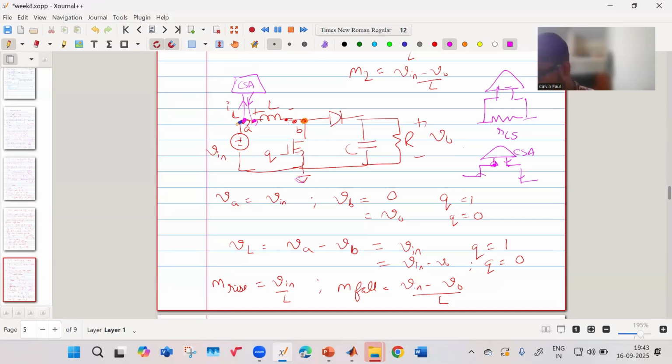Both cases are there. So in both cases, what would be the voltage seen at this point? That is my question.